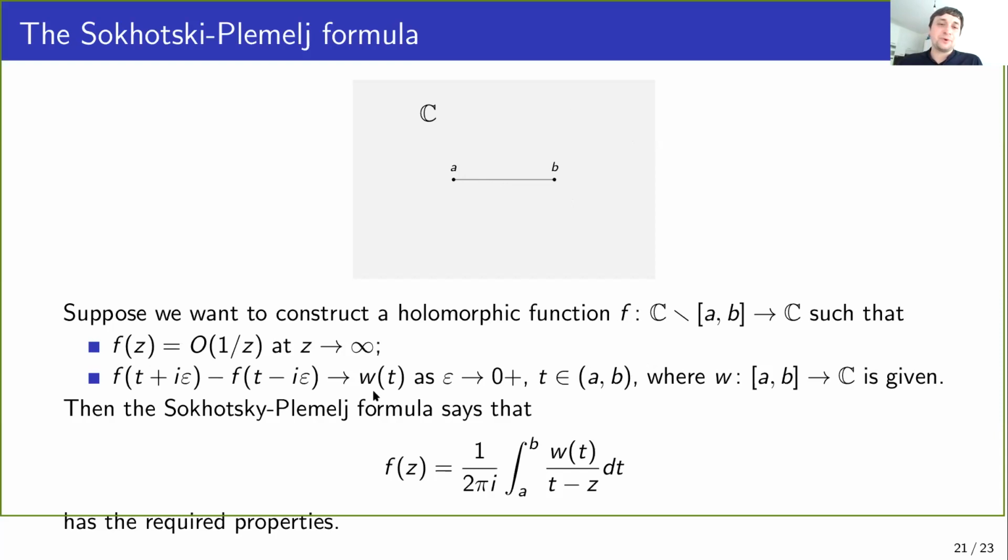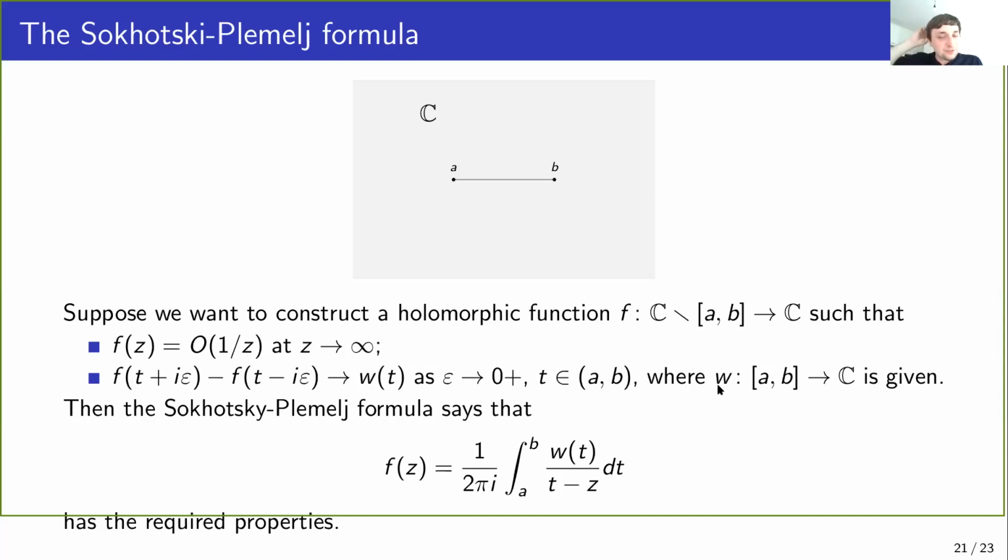The jump you prescribe by some function w of t, which has to be continuous. I don't want to go into those details, but for nice enough functions w, you can always formulate the problem. The question is whether you can always get a solution.